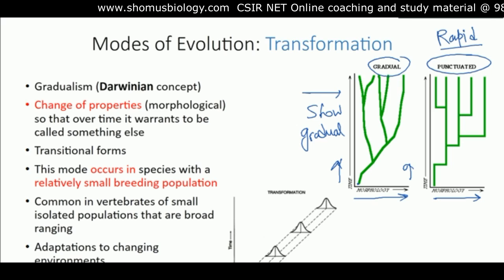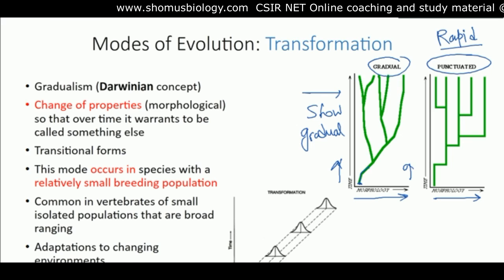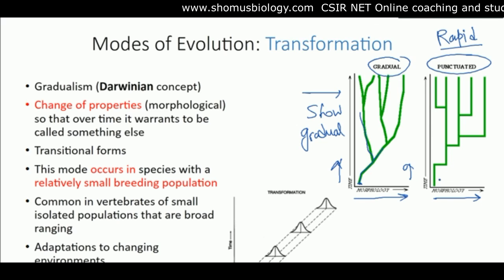So this is one particular morphological structure, then the structure slowly starts to be modified over time, and that's why it looks something like the branches of a tree. The punctuated equilibrium explains things totally differently.